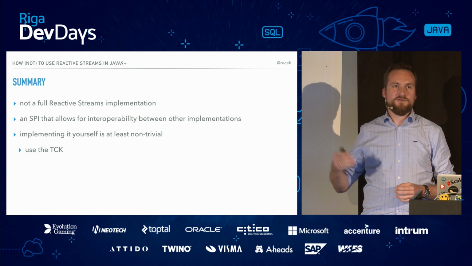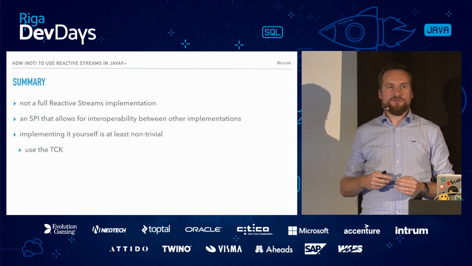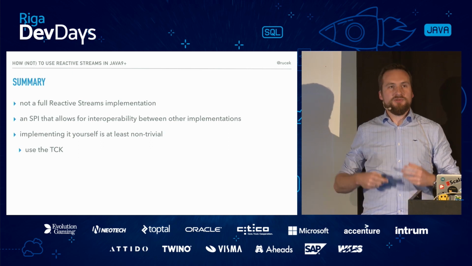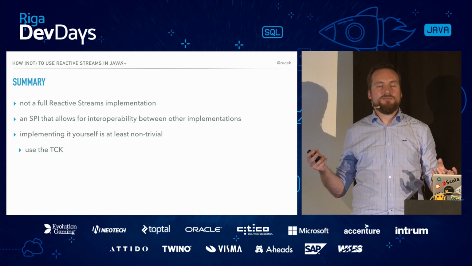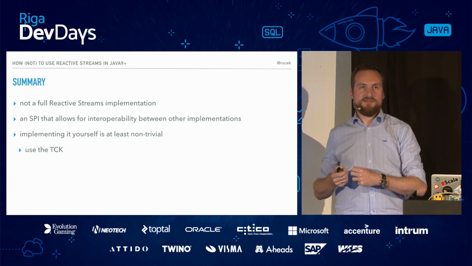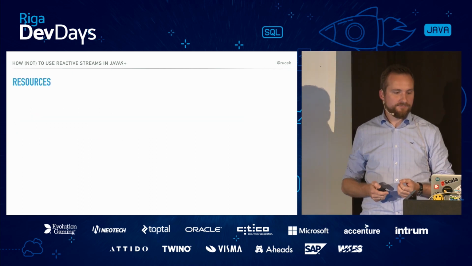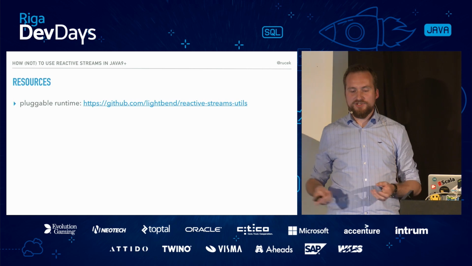And if you go to GitHub, there will be a link, and you will see there is really a bunch of rules that you need to adhere to, and you need to use the TCK to verify that your implementation, when connected to other implementations, is going to behave correctly, so that it's going to fulfill all the contracts required by reactive streams. There are some resources for you to have a look at if you wish.